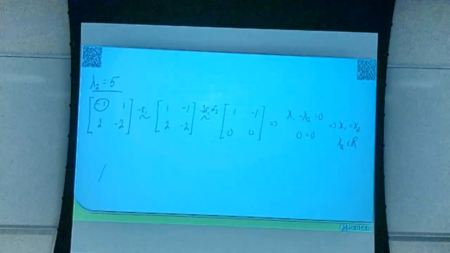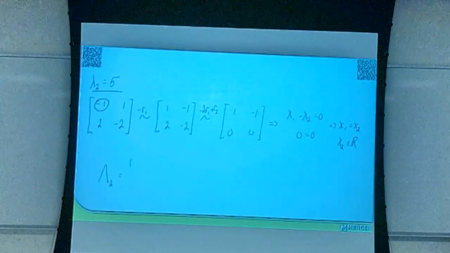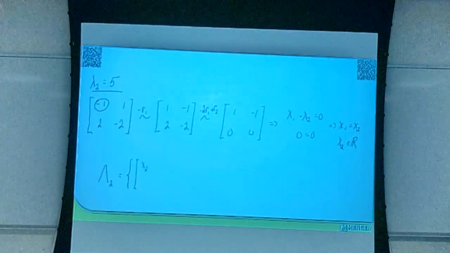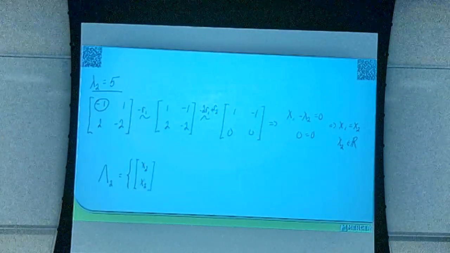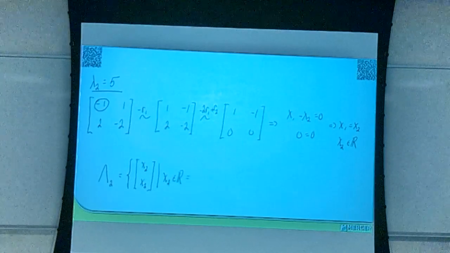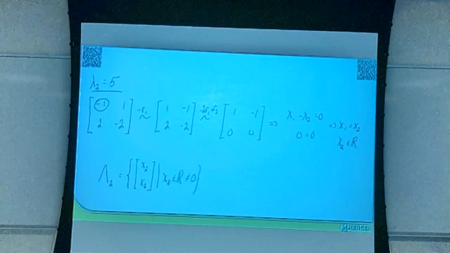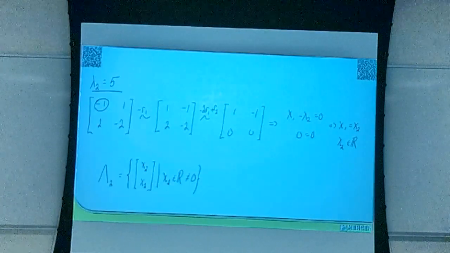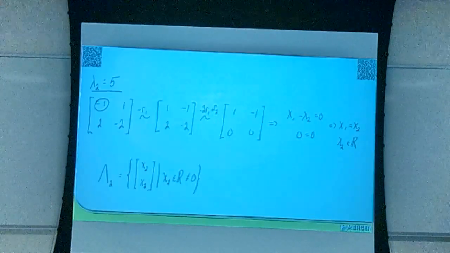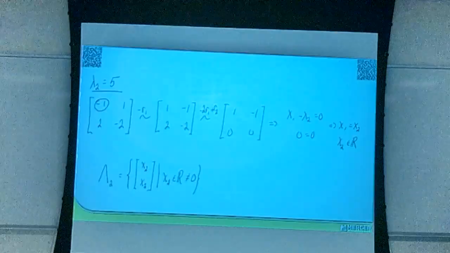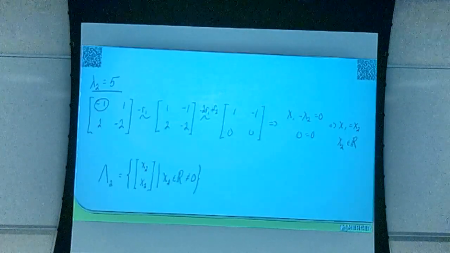Set of all of our eigenvectors, set of all vectors of the form x2, x2, where x2 is any non-zero real number. We want a single eigenvector. Again, you can choose any non-zero value for x1.